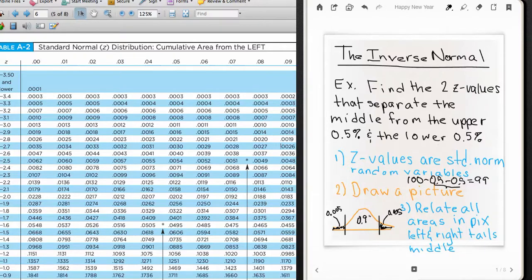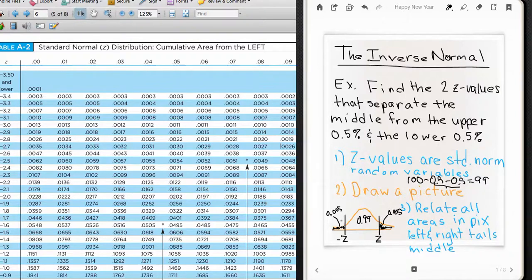And I'll write it again as a decimal, 0.99. So what we're trying to find here is the z-value that's down here and the z-value that's up here that put exactly 0.99 in the middle, or another way of looking at it is putting 0.005 in the left tail or putting 0.005 in the right tail.